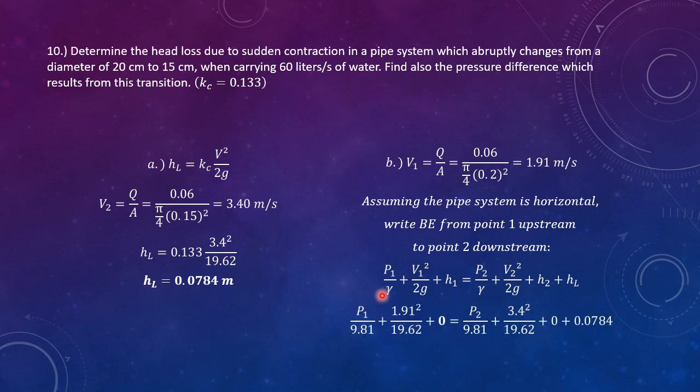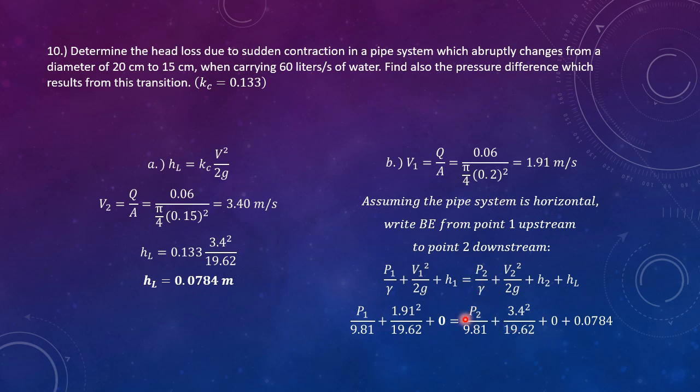Gamma of water is 9.81 kilonewtons per cubic meter. Velocity 1 is 1.91 meters per second. 2g is 19.62. Since the pipe system is horizontal, that means that point 1 and point 2 are on the same elevation. Therefore, we can say that H1 is 0, H2 is 0.